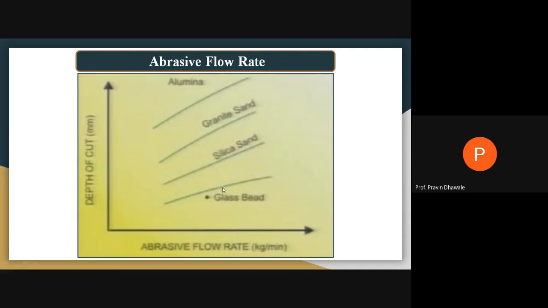These are the different abrasive materials: glass bead, silica sand, granite sand, alumina. Alumina gives the better performance in depth of cut with increase in abrasive flow rate, as compared to the glass bead. Okay.